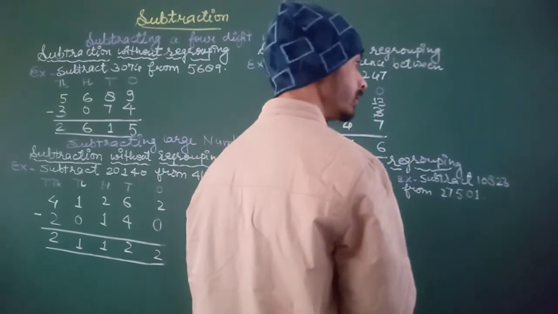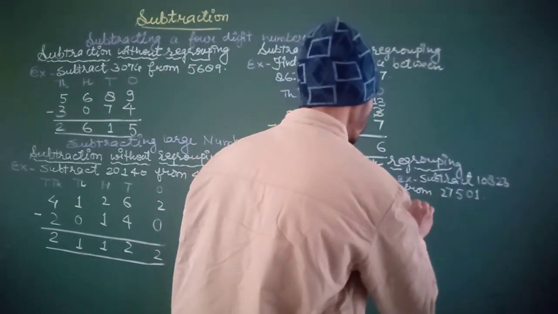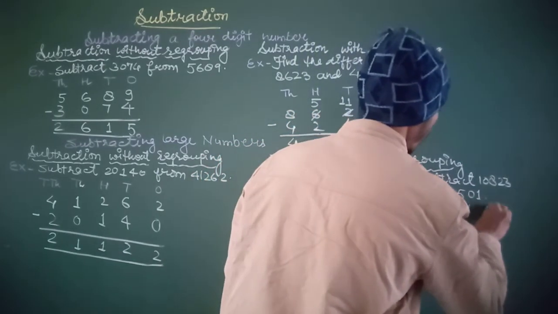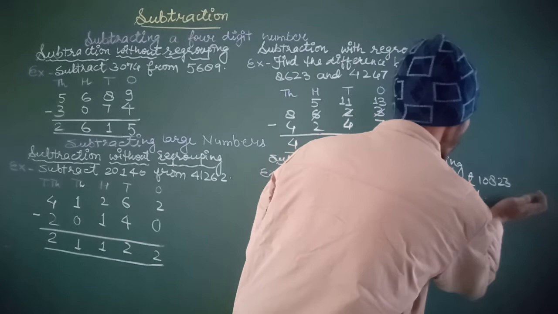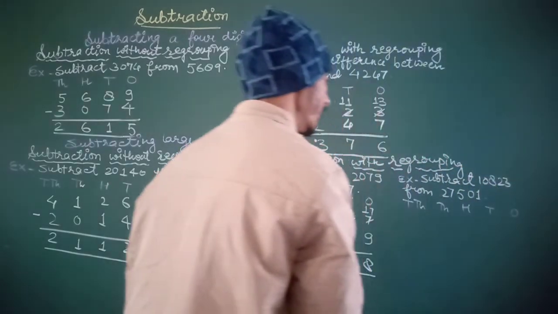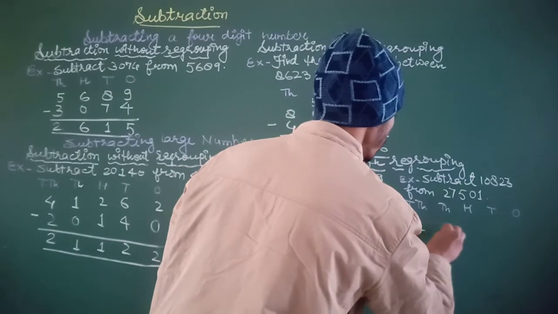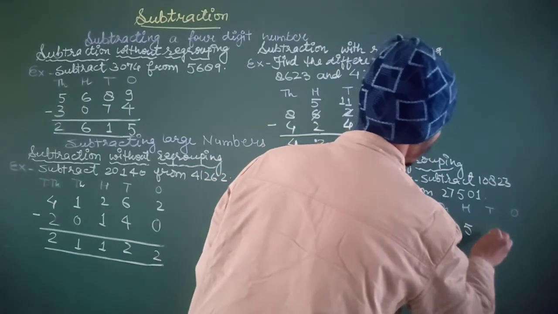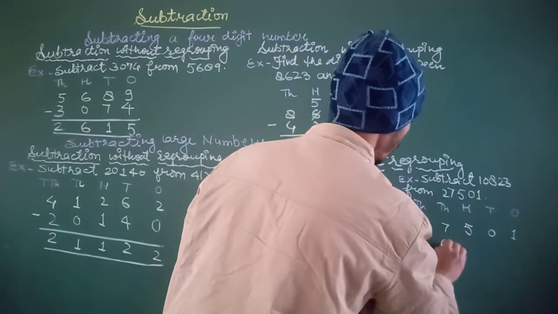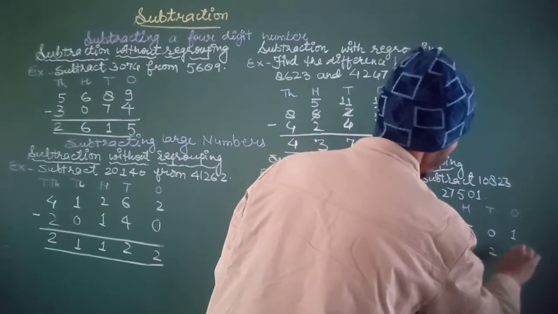Write in columns: 10,000s, 1,000s, 100s, tens and ones. That number is 27,501 minus 10,823.